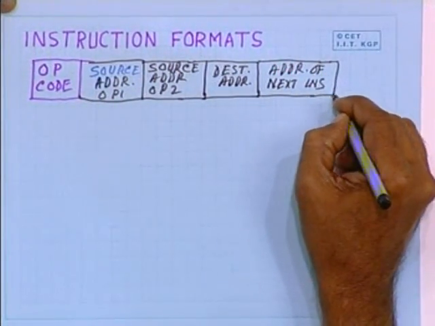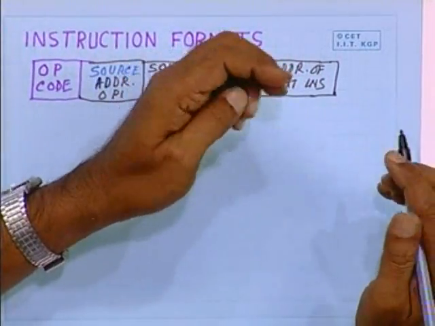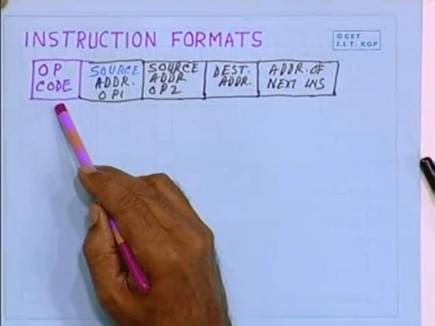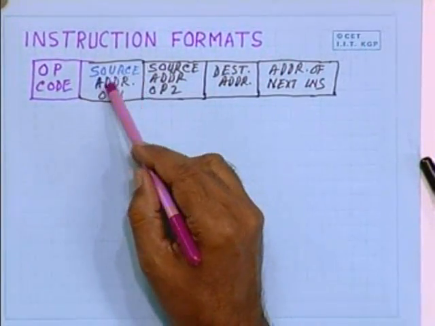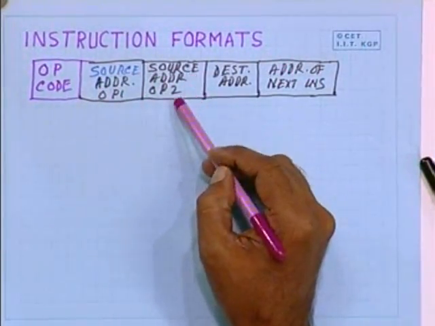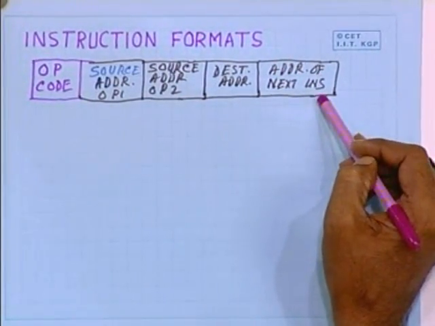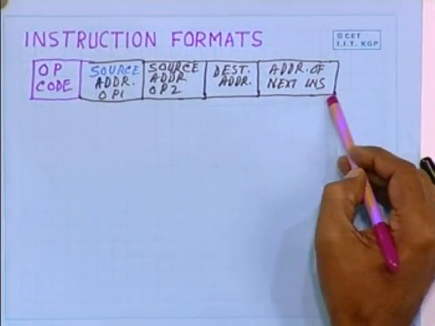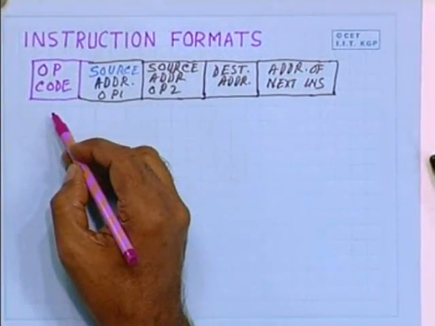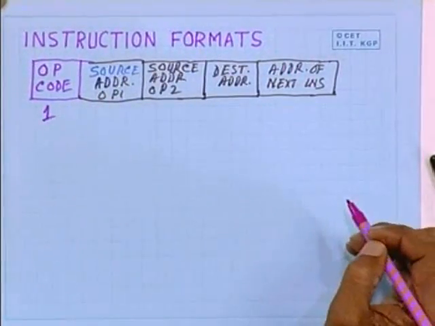Now, if you want to provide all this information, opcode, source address of operand 1, source address of operand 2, destination address, and address of the next instruction, particularly these addresses, in an explicit manner, the instruction size will be quite big. Let's assume the opcode size is 1 byte.